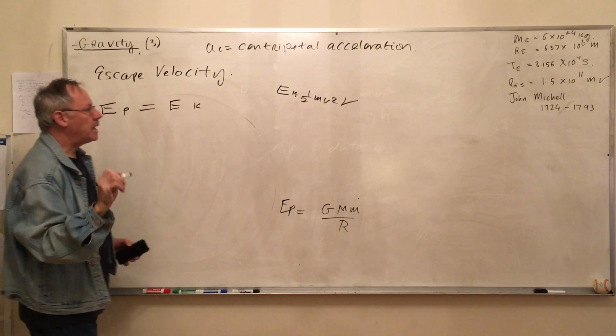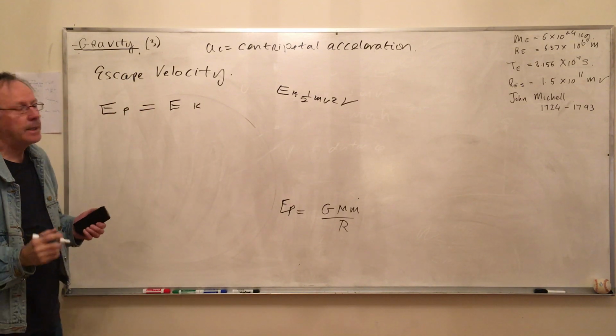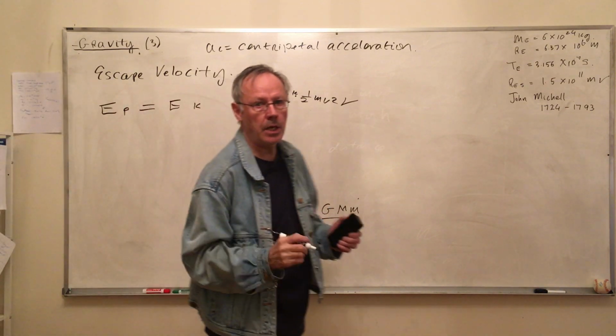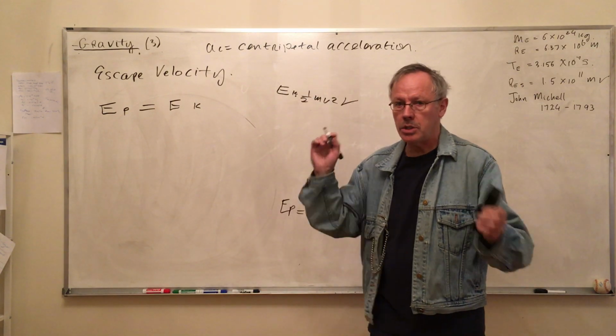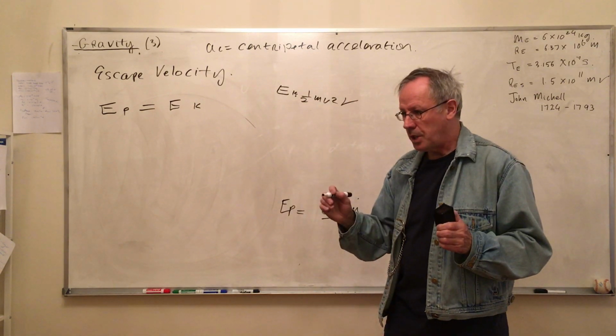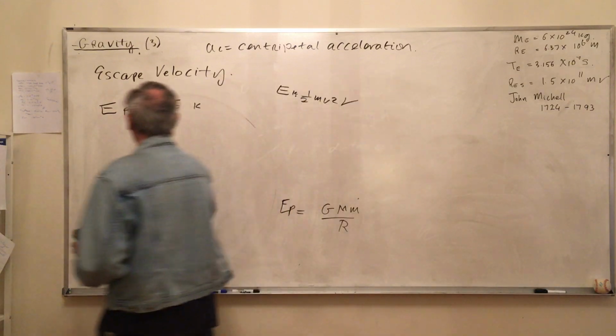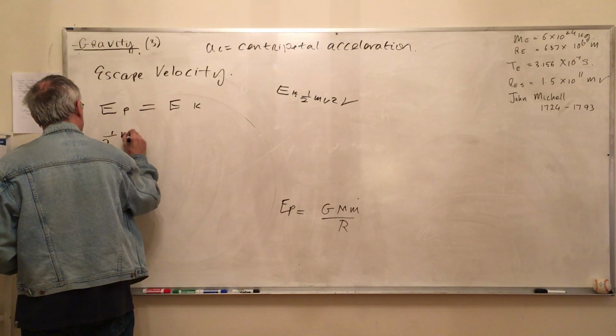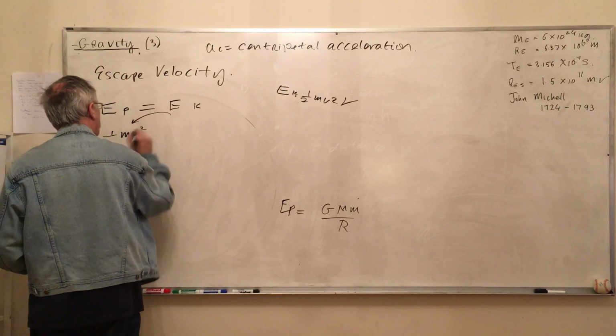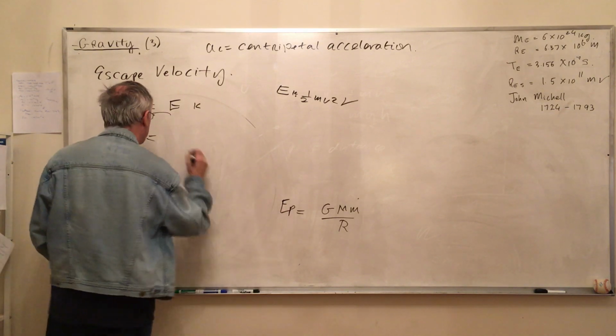Just when it's about to get to the situation where it can escape, we'll say that the potential energy and the kinetic energy are equal. Just at that point where the object is just about capable of escaping away. And so we'll say that half mv squared, its kinetic energy, is equal to the potential energy.